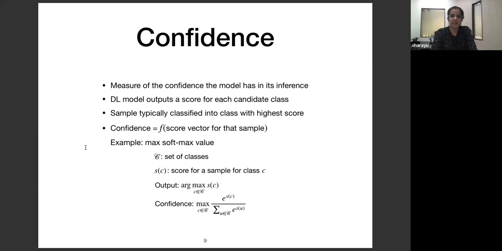So here, S_c is the score for a particular sample for class c. And the model outputs the class with the highest score, which is the argmax of S_c. And the confidence the model has in this classification is given by this expression here, which is called the maximum softmax value. By definition, the confidence value lies in the interval 0 to 1.